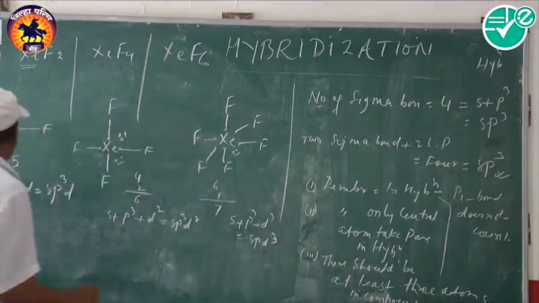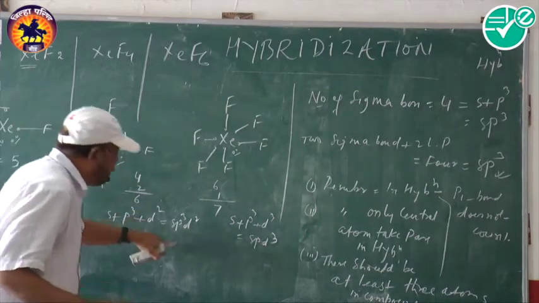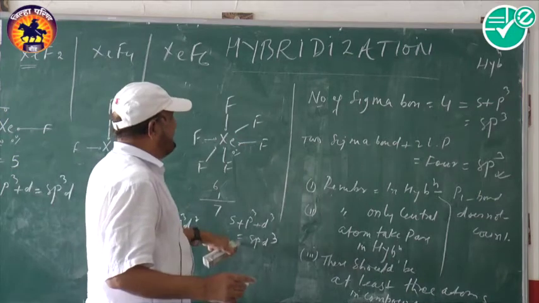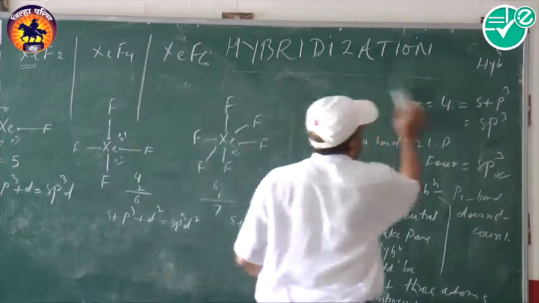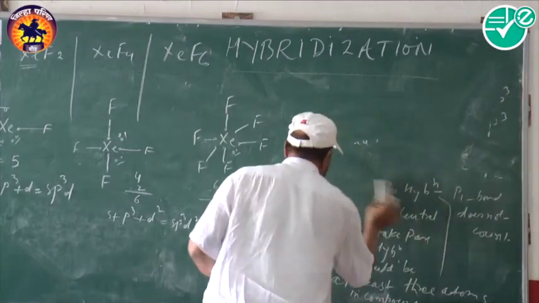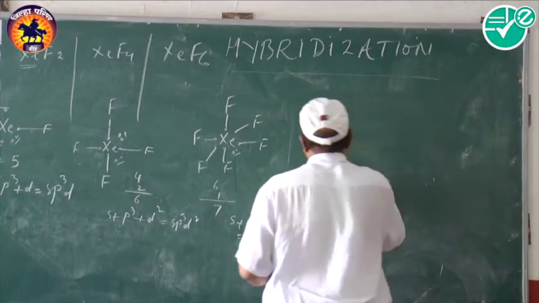Okay, therefore the types of hybridization are sp3d, sp3d2 and sp3d3. Very easy method to obtain type of hybridization. Again we will see some more compounds.